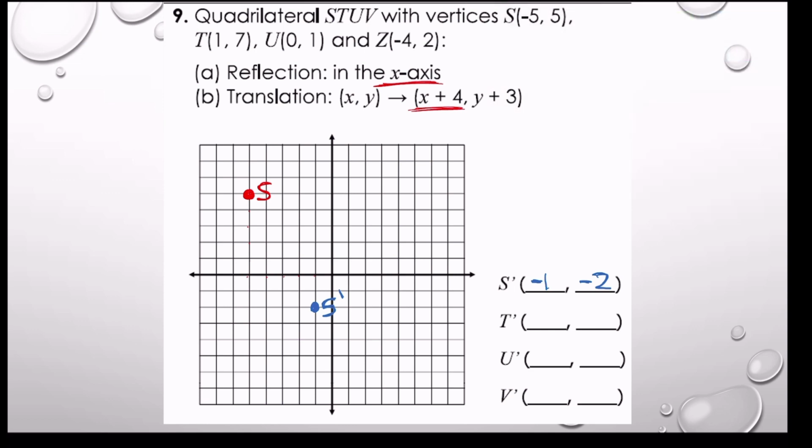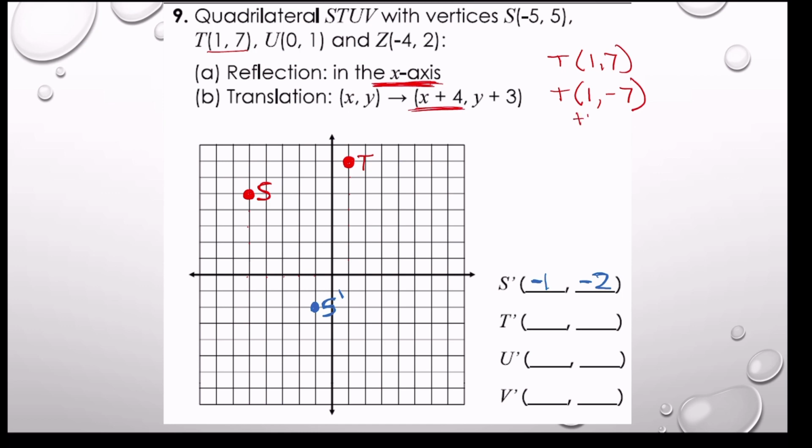Okay, so let's go do our next one. If I plotted t, that is 1, 7. 1, 2, 3, 4, 5, 6, 7. Okay, so here is my t point. Well, let's first, remember, I'm reflecting again over the x, meaning my x point stays, my y changes.